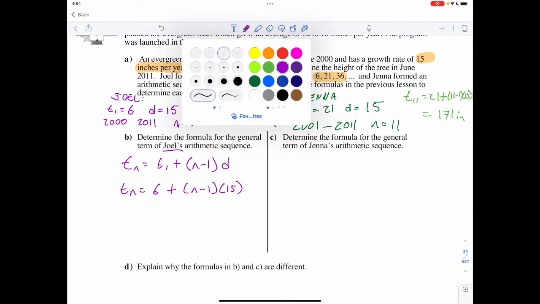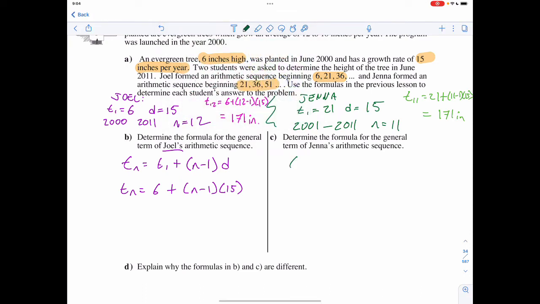For Jenna's case, Tn would still be T1 plus n minus 1 times d, but Jenna's T1 is different. It's going to be 21 plus n minus 1 times d.